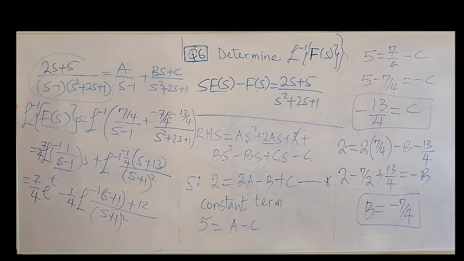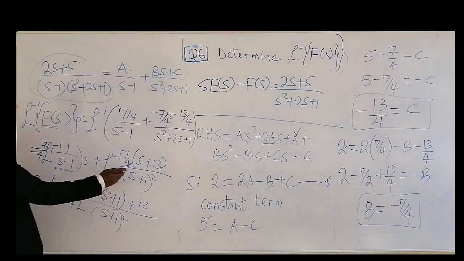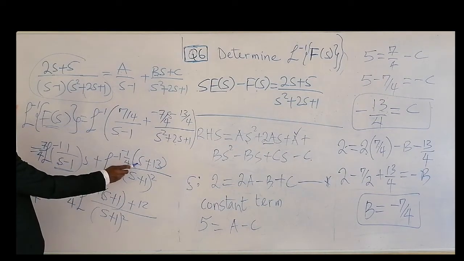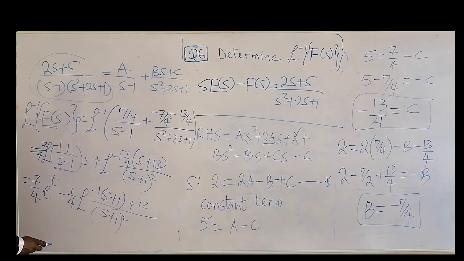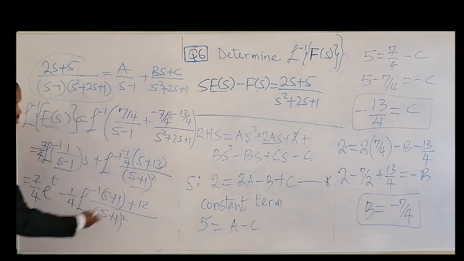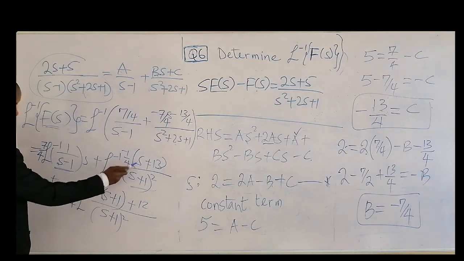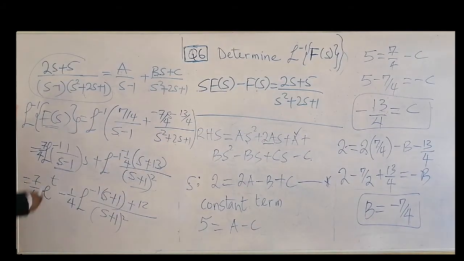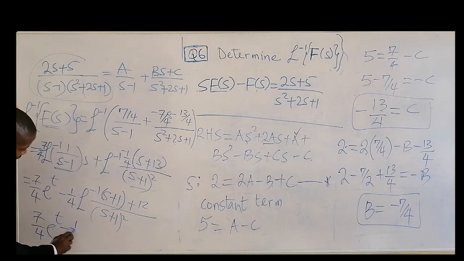So what we want to achieve is that anytime you have the x at the numerator, and you have something like this at the denominator, you have to turn it so that it can conform to the table. So then the next thing to do now, and that will be what? That will be this equal to 7 over 4 times exponential to power t minus 1 over 4 inverse Laplace of.